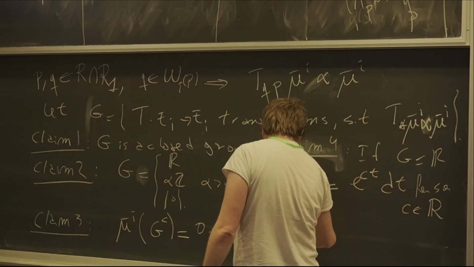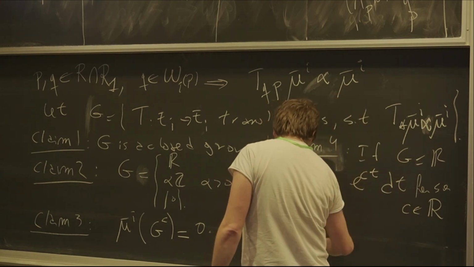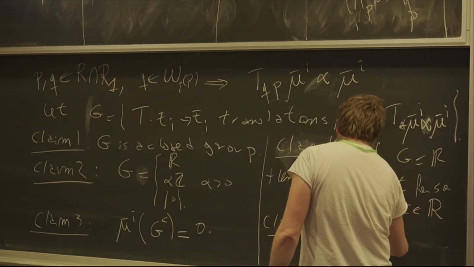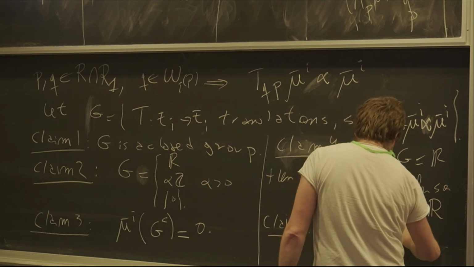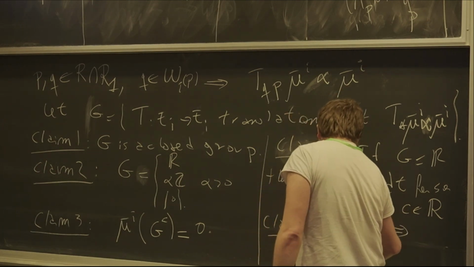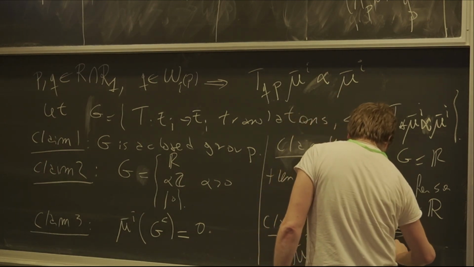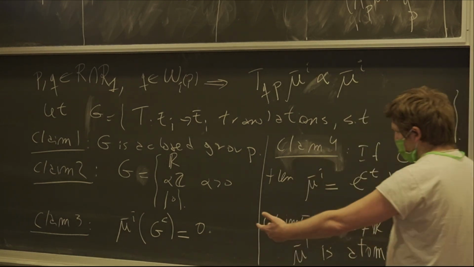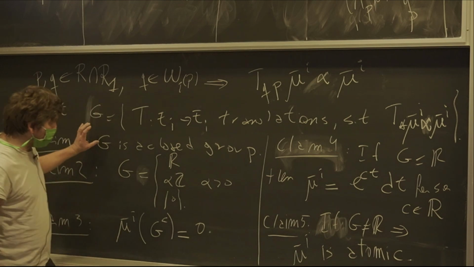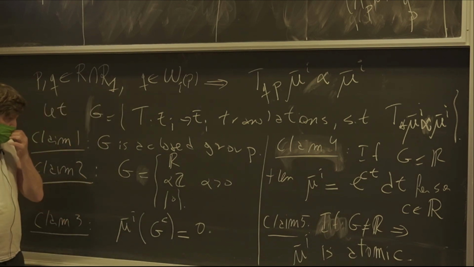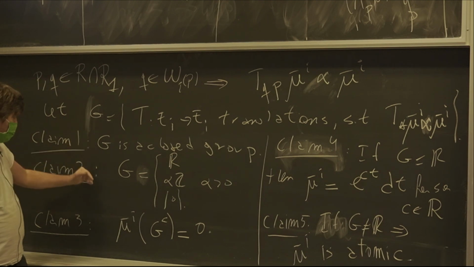Claim 5. Otherwise, so if G is different from R, then mu bar I is atomic. And so all these claims are really very simple exercises. Okay? So, well, 1 implies 2 is a 100% triviality.